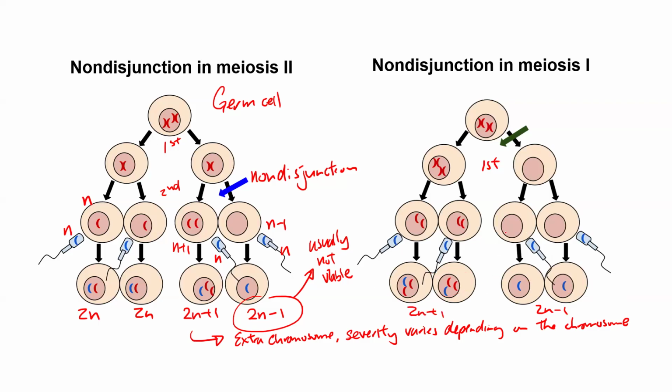So if a non-disjunction is to happen, which one is worse? Meiosis 1 or meiosis 2? Yeah, 1, right? Because if it happens in 1, all the gametes, all the eggs are going to have problems. Okay? For this example, at least 50% of them will be okay.